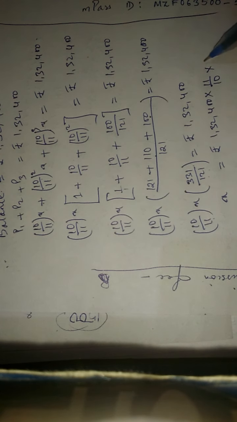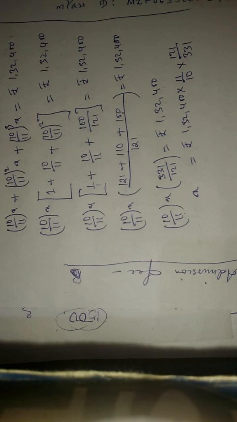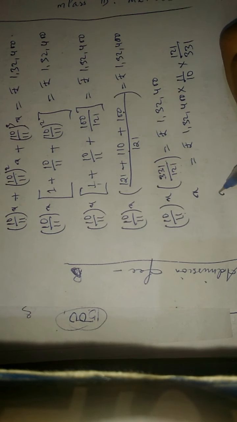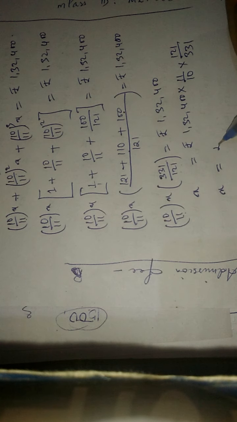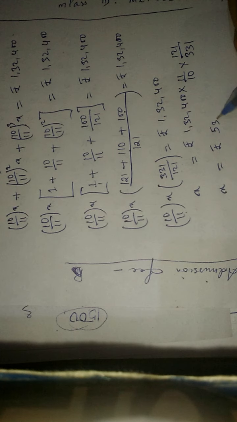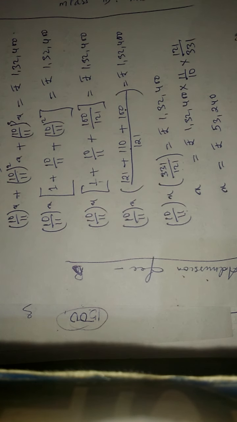Again here 121 will be numerator and 331 will be at the denominator. If we simplify this, the x value will be rupees 53,240. This is the value of the installment.